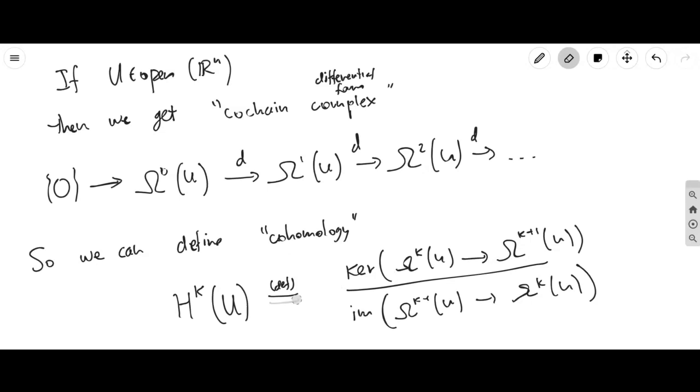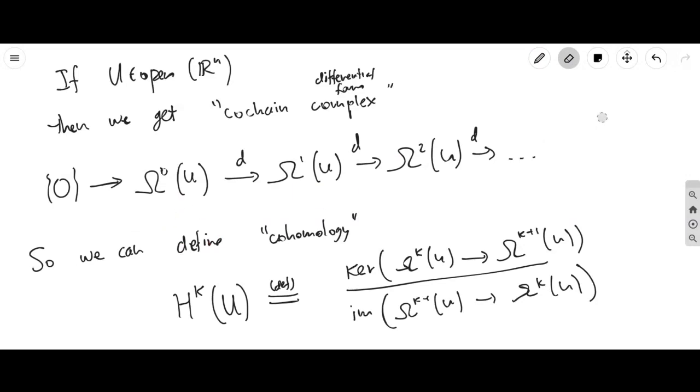The one thing that I want to say about cohomology is that these are actually vector spaces. All of these are vector spaces over the real numbers. Well, they're actually both.